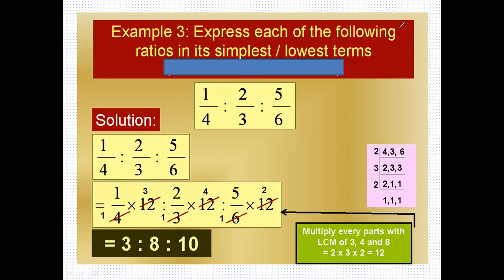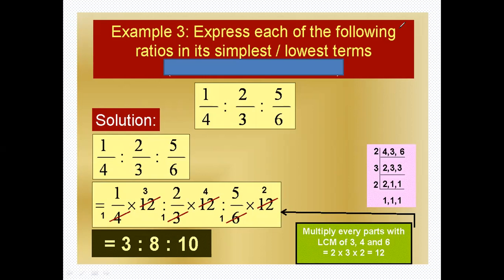We can still divide by 3, giving 1 and 2. So it is the same: 2 times 2 times 3 times 2, and of course times 1. We get the LCM, which is 24, by the short division method.